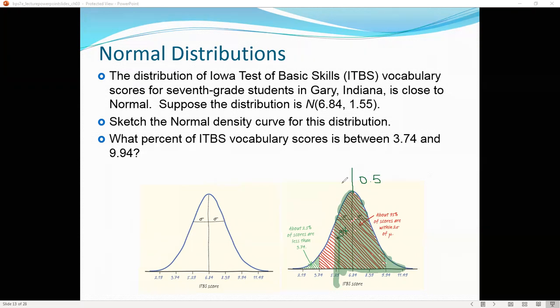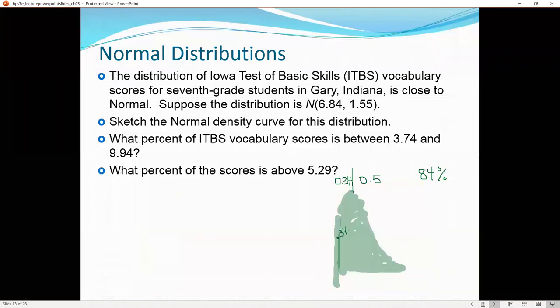So 0.34 plus 0.5 means that we have 84% of the observations score above 5.29. So 84%.